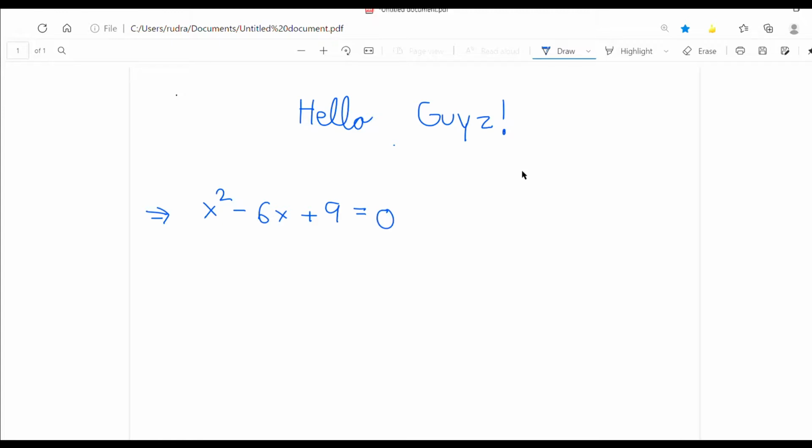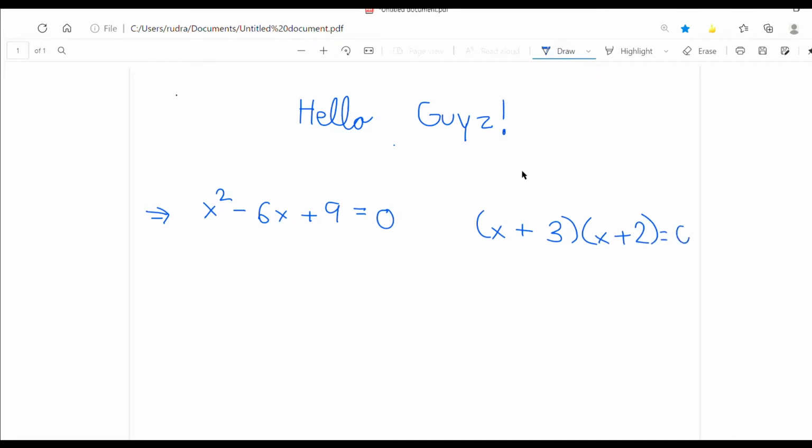Now the question you see on the screen is just a basic question of factorization. It doesn't need much maths or a lot of calculations. So basically if you know how to do factorization, it's the brackets here. For example, I'll keep it like this.